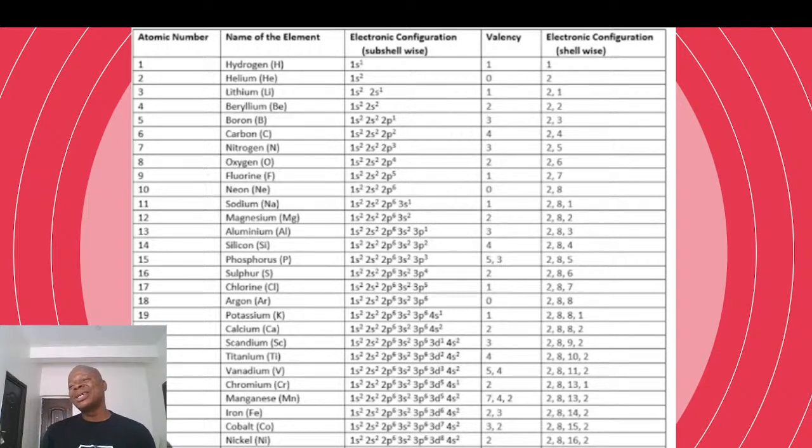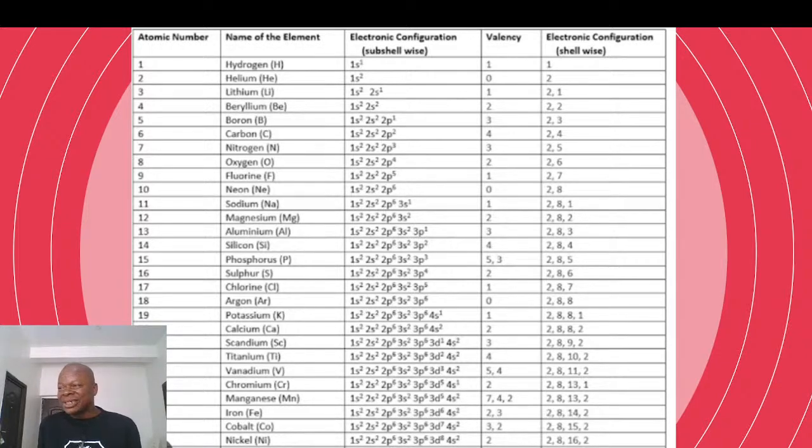We've entered 4s. So potassium with a symbol K, note it down. Where you see K, we are talking about potassium. Some people, when you ask them to write the symbol of potassium, probably because it starts with P, they think the symbol should be P. No, some of these symbols may come from a Latin word, but you have to note it down that the symbol is K. Now, if you are to arrange it in the K, L, M shells, you're going to have 2 in the K shell, 8 in the L shell, 8 in the M shell, and 1 in the N shell.